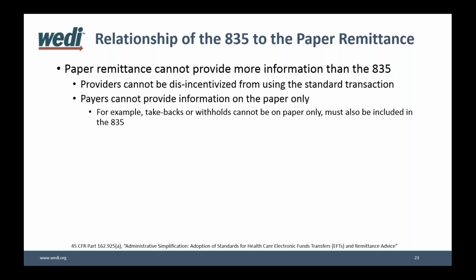So you can't provide more information a different way than you do in your standard transaction. And payers cannot provide information on the paper only. So for example, takebacks or withholds cannot be delivered on paper only. They have to be included in the 835 because, again, you can't disincentivize providers from using the standard transaction.